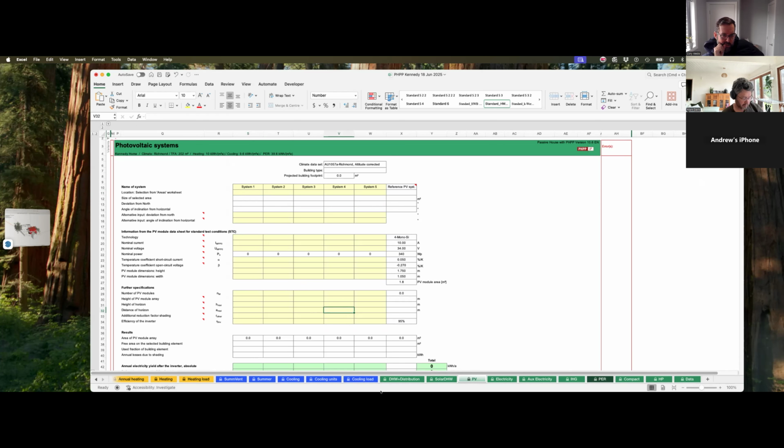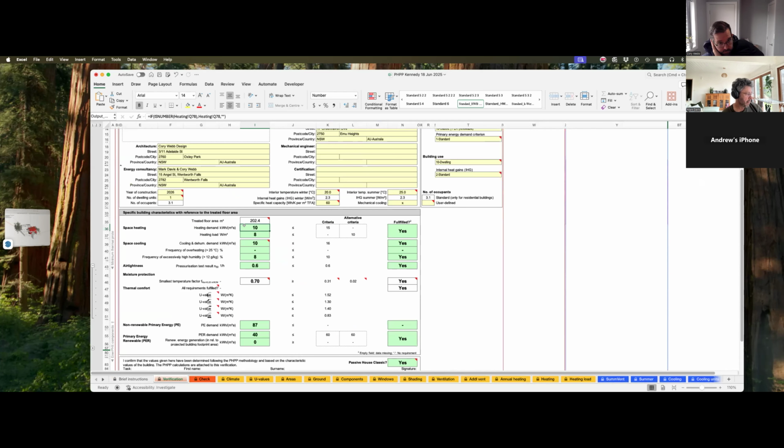So yeah, we're looking good. I would say these are going to go up by 1 to 1.5 kilowatts when we put our range hood in. And the PER, once we put the lift in, will get a bit worse, but then once we put our solar in, we'll get quite a bit better. Yep.